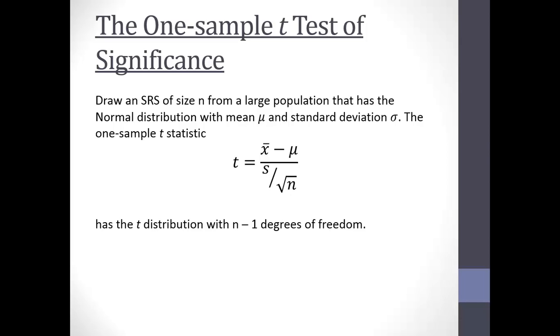So it's kind of the same idea here. Just a reminder that this thing, x bar minus mu divided by s over the square root of n, has, as we looked at last time, a t distribution with n minus 1 degrees of freedom. And we talked a lot about that t distribution. We saw that it was similar to the normal distribution. It was symmetric, bell-shaped, unimodal, but it had heavier tails, is what we came to conclude.